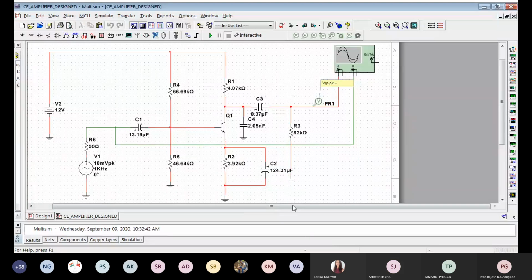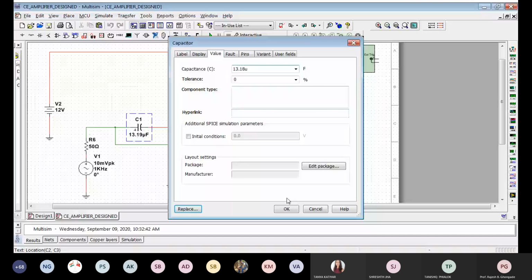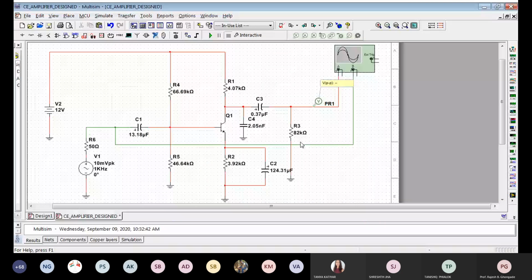So are you able to see the Multisim screen? Yes, sir. So you can check the values. Okay, let us make it exactly those same values. Are the values same?